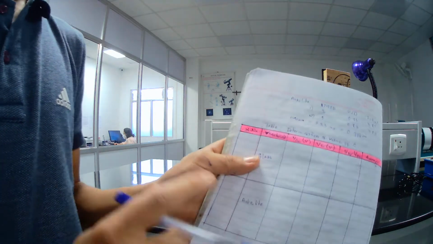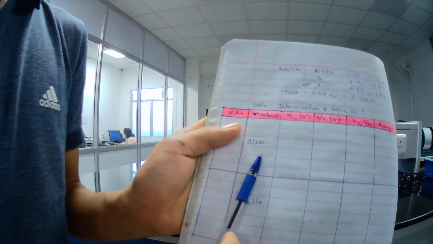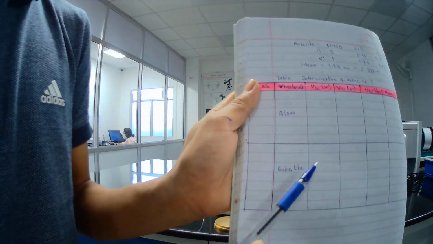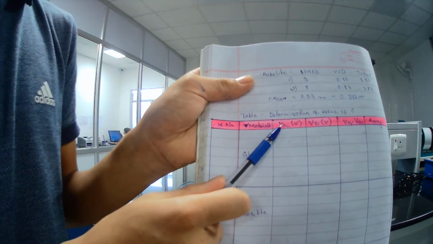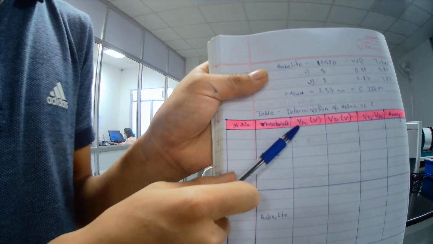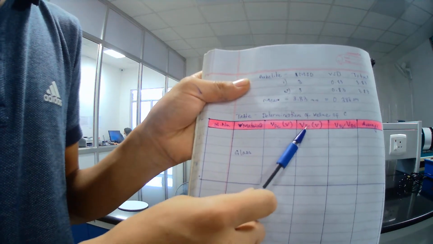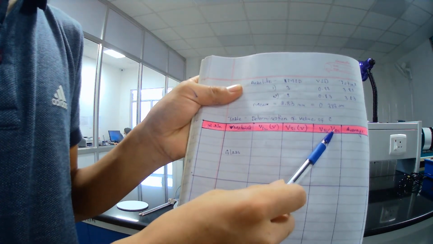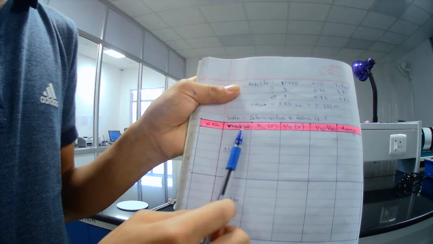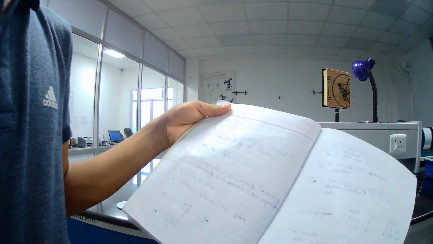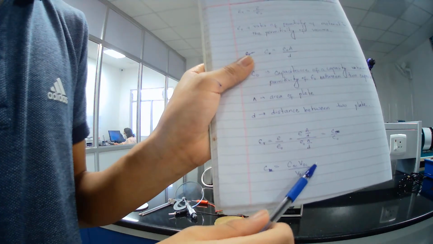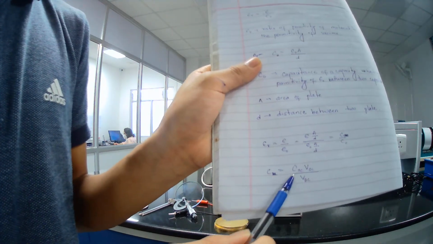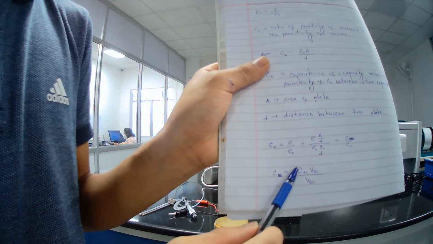Now we have a table here. There are two materials, glass and backlight, and we will calculate VDC and VSC. This is VSC by VDC, and CSC is known, it is given.